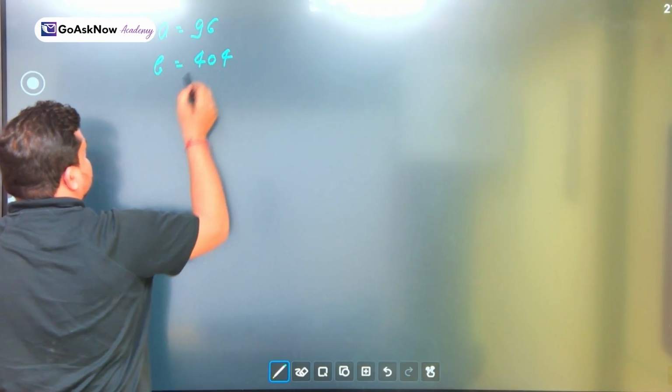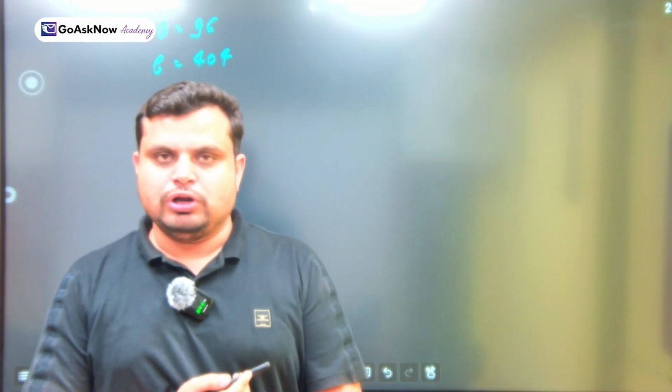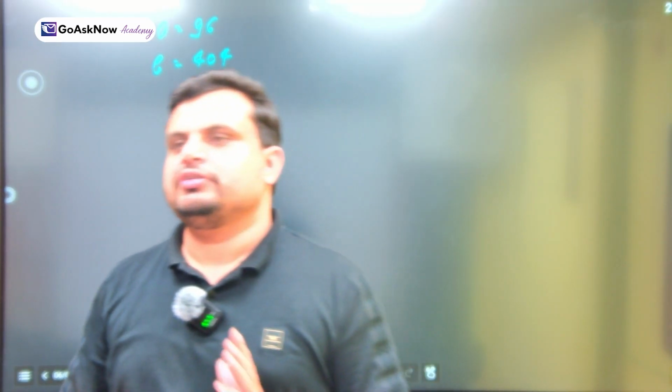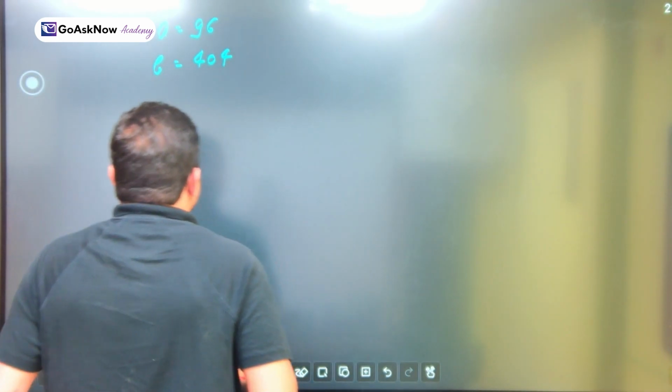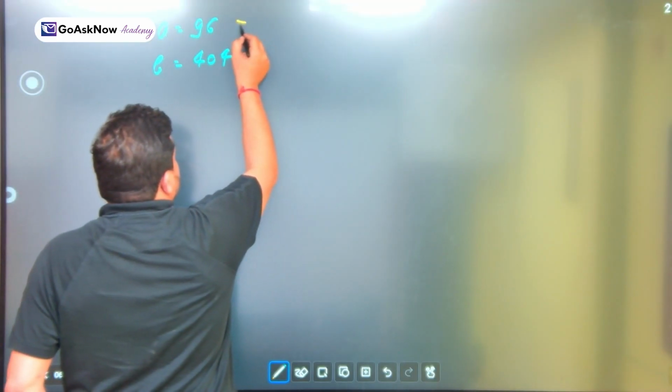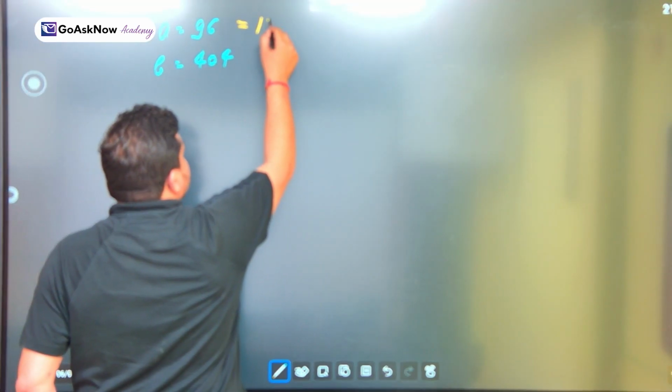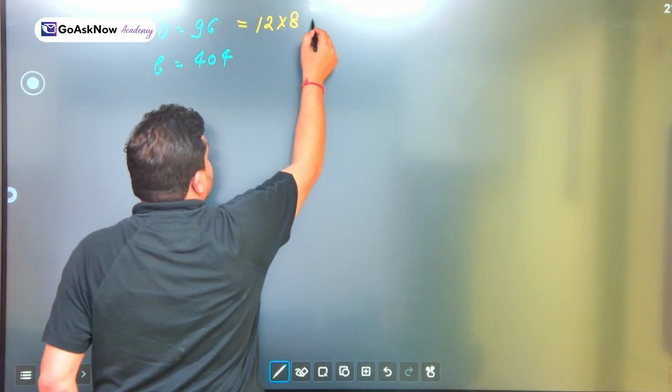But we have to find HCF first. Then, using our formula which we just discussed, that LCM into HCF is equal to the product of those numbers, we also have to find out their LCM. Okay. So again, we can write it as 12 into 8.